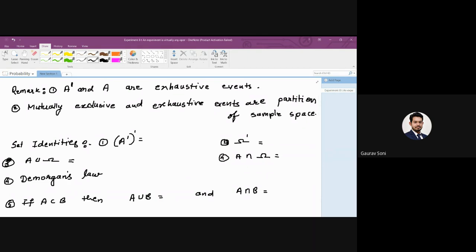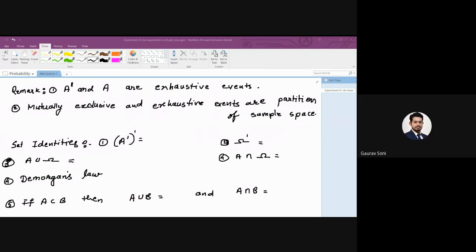The first one, A complement complement is A. A intersection A dash is equal to phi, which is an impossible event. A union sigma is sigma.